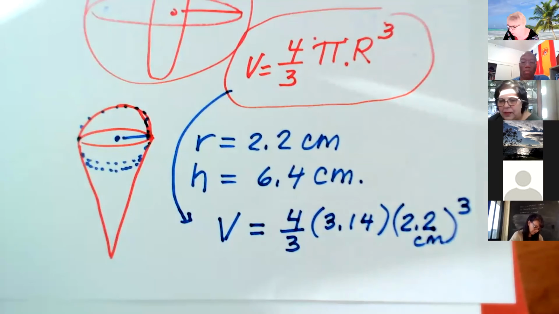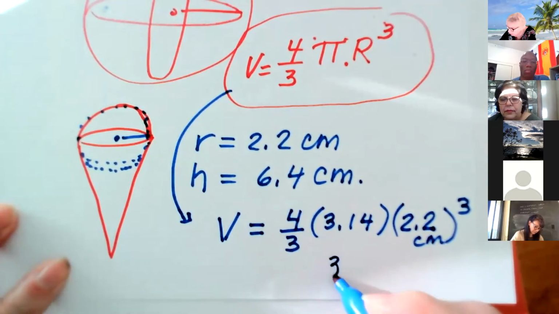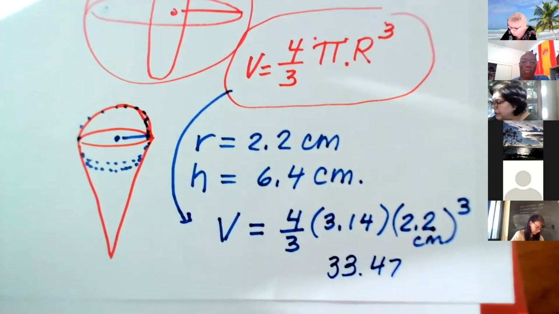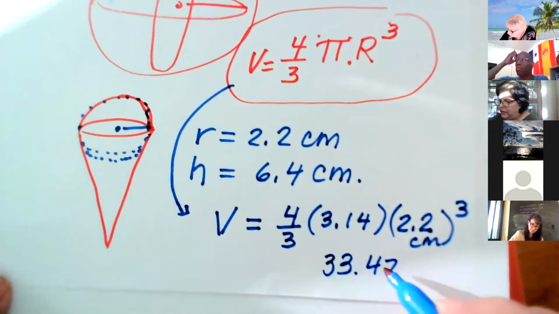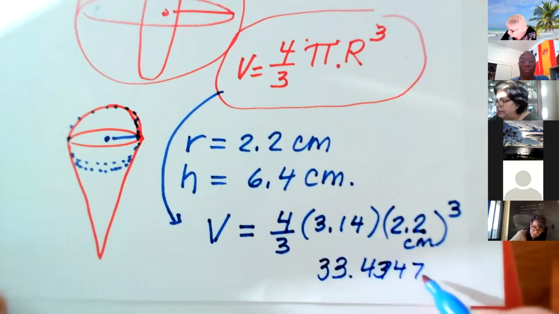And I've got 33 something. And now I'll write that in. What my calculator says: 33.43472.